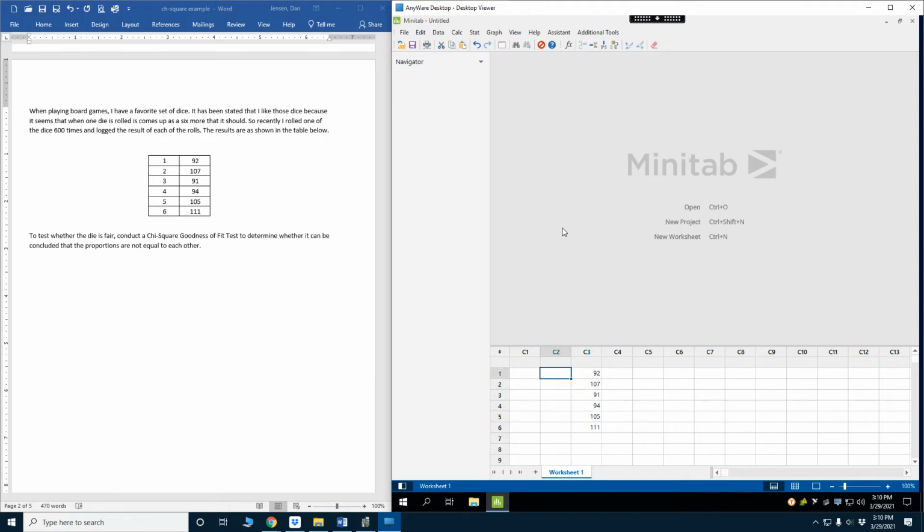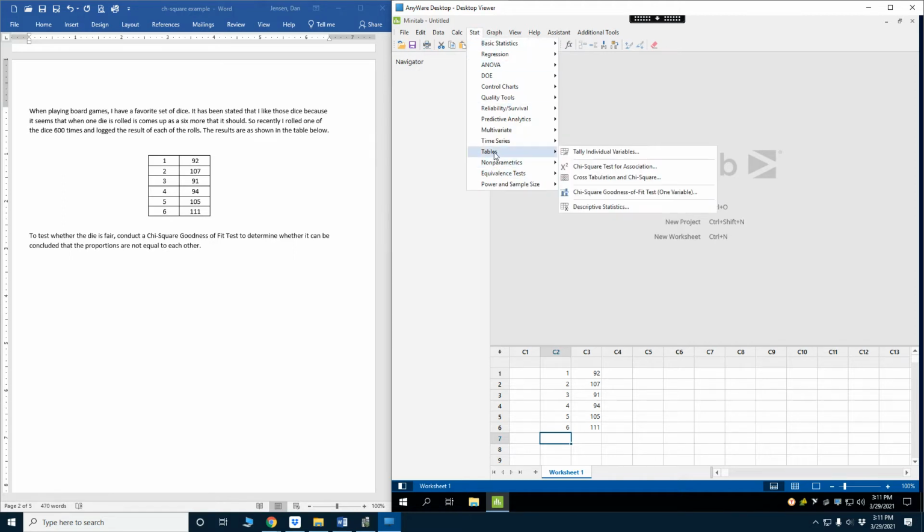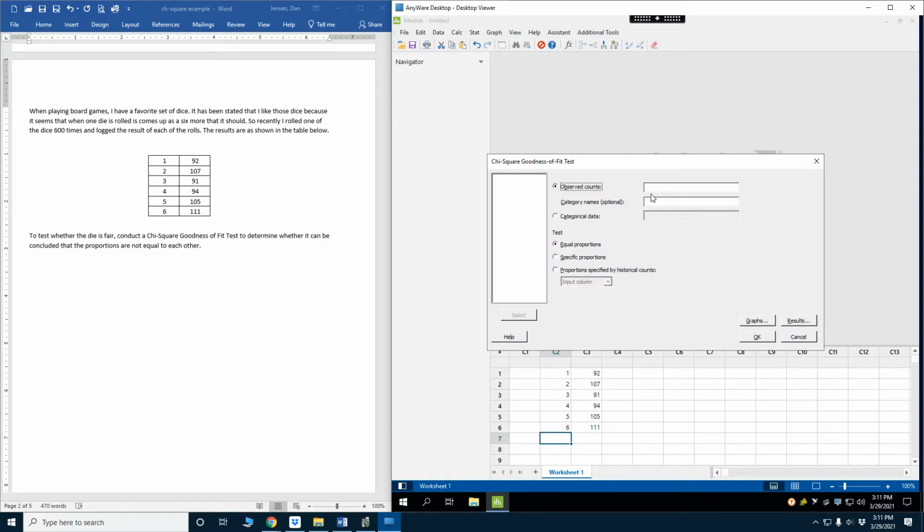Now what I can do, if I'd like, is put in here the categories 1, 2, 3, 4, 5, 6. Stat, tables. In a previous video, we used the chi-square test of association, but this is the chi-square goodness of fit test. It's got 1 variable. Our observed counts are in C3.